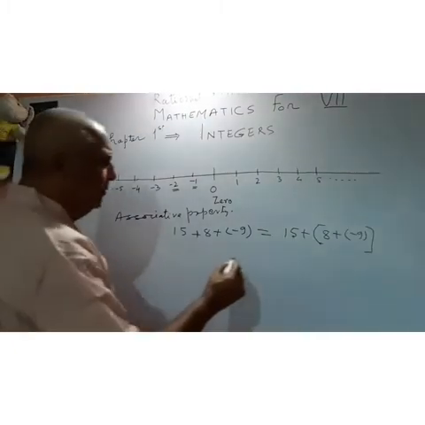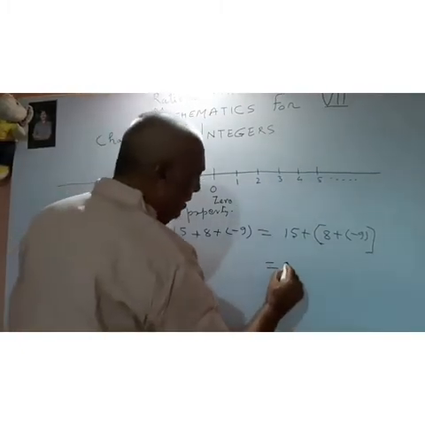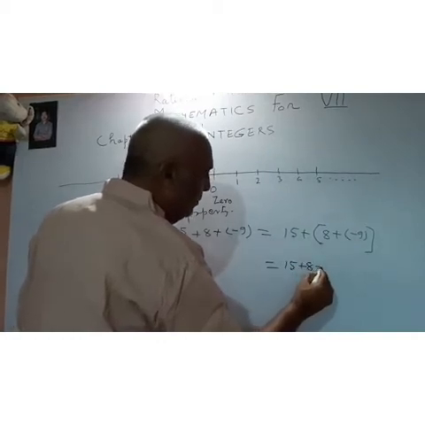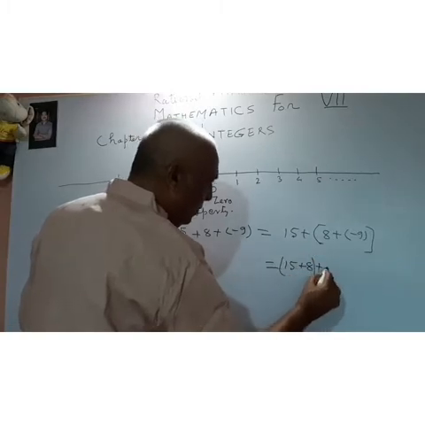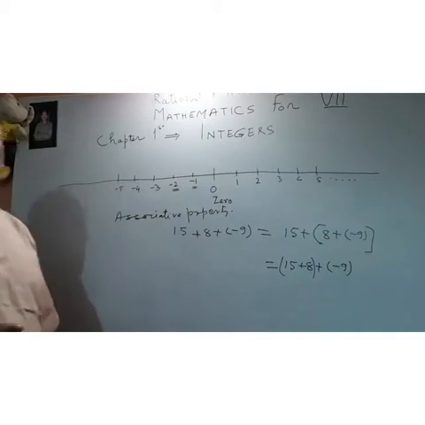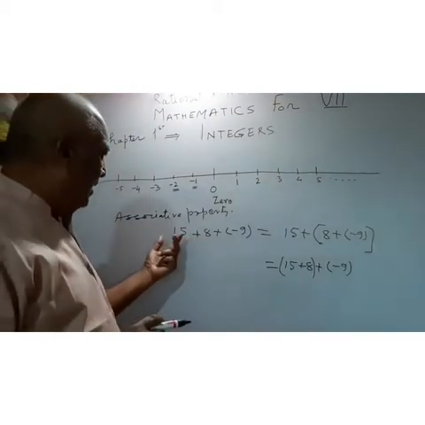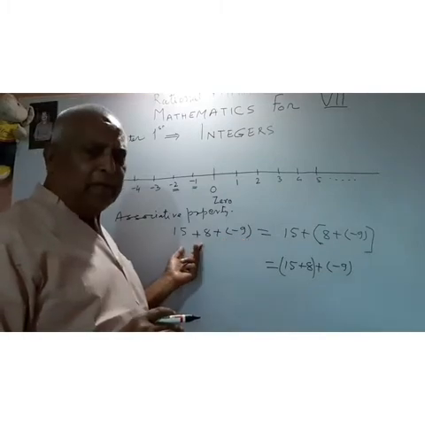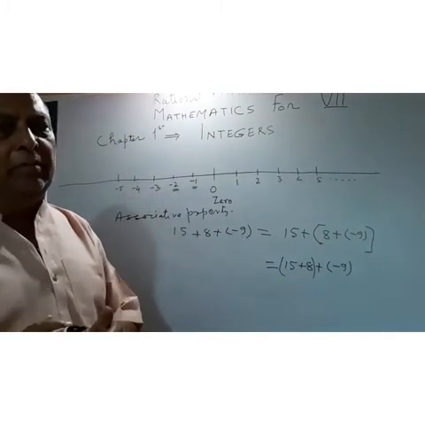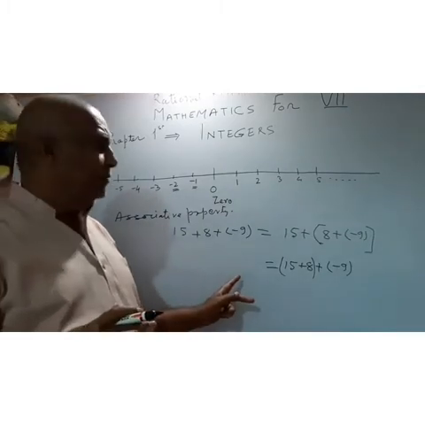It may also be given as 15 plus 8 plus minus 9. No matter. If we change the places of these numbers with sign, positive or negative, the sum will be the same.